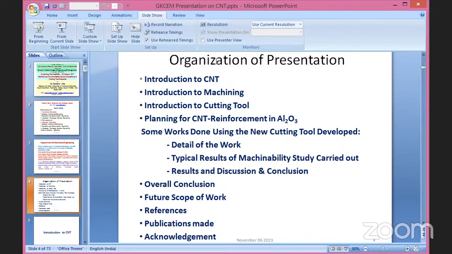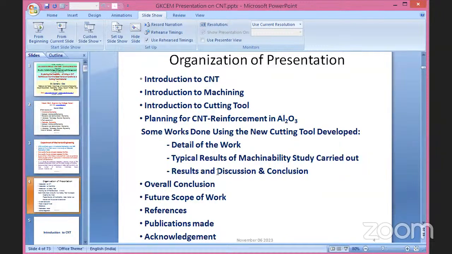First, I will introduce what CNT is, then the introduction to machining. Many of you may know it, but I will brush up some of the things, because many of you may have forgotten them. Then the introduction to the cutting tool, then planning for CNT reinforcement in alumina, and then some works done at our college and at CCRI using the new cutting tool developed.